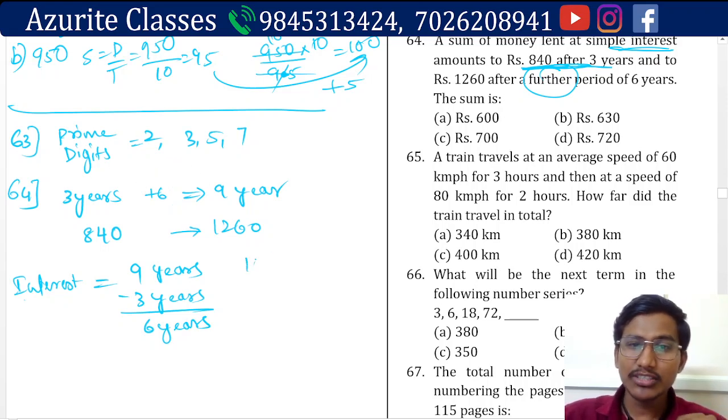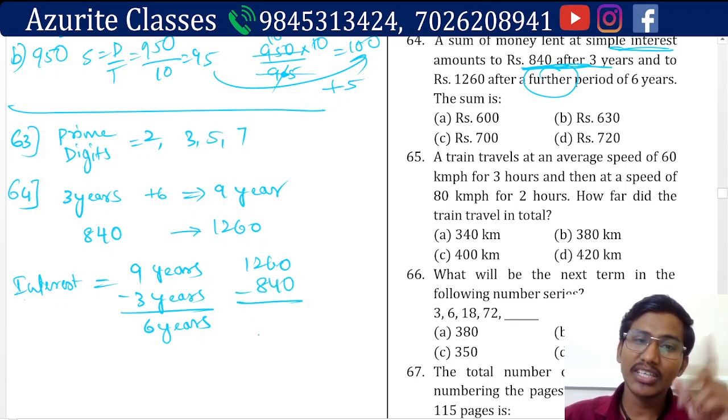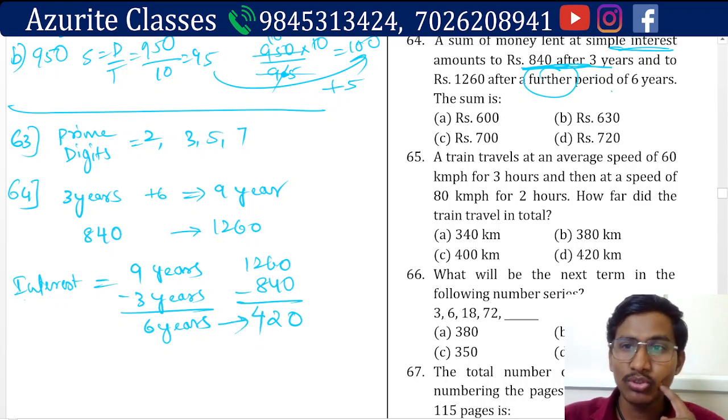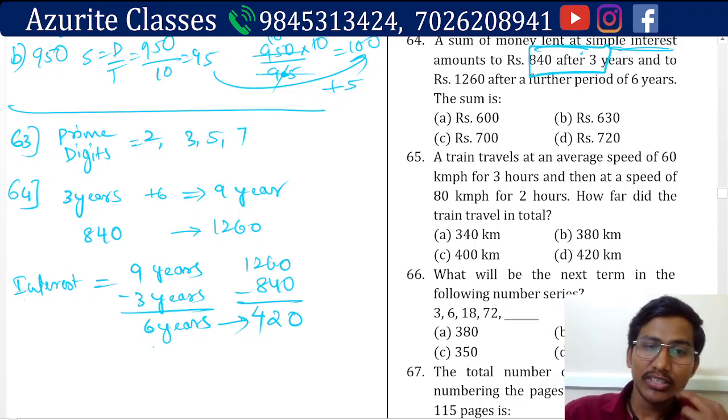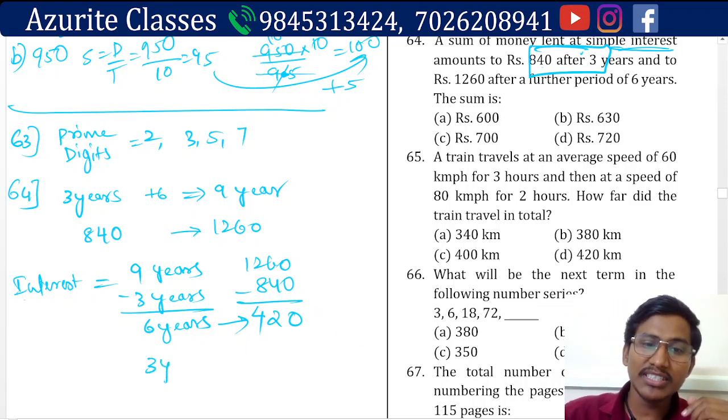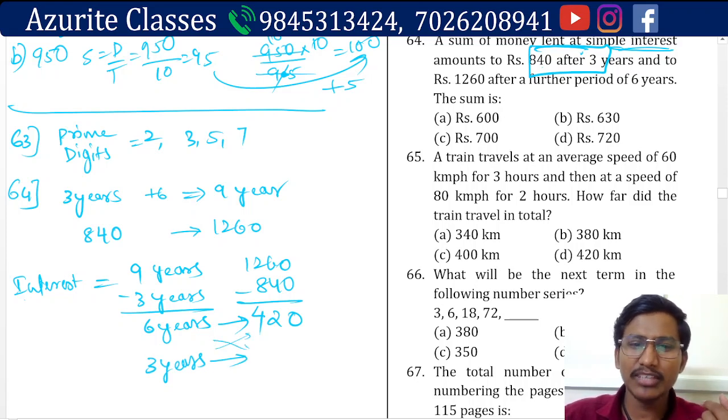Here also, 1260 minus 840, if you subtract, is 420. So that is for 6 years. We know the sum for 3 years, so we will find the interest for 3 years. For 6 years, the interest is 420. For 3 years, it will be half. Or directly you can cross multiply, and you will get the answer.